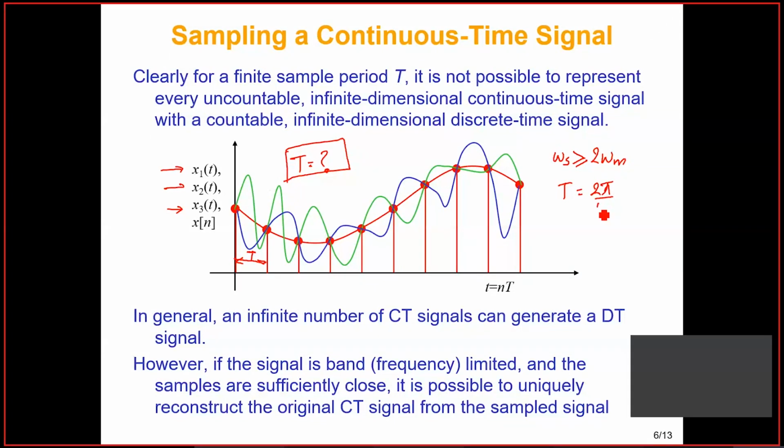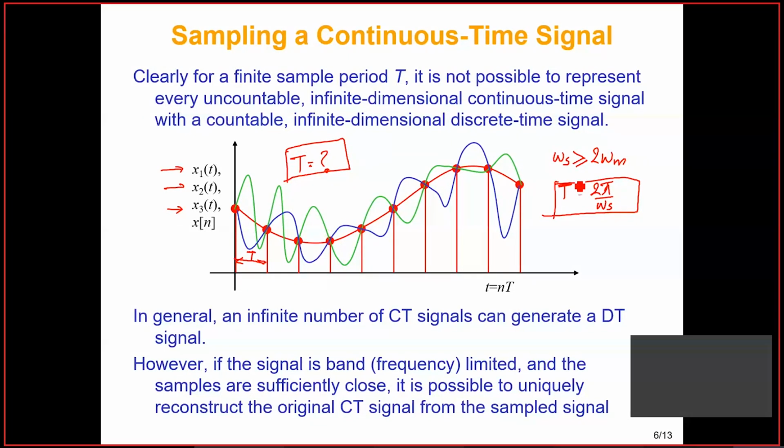Now this is something which we engineers are supposed to know, that whenever we do conversion from continuous time to discrete time, at what rate should we select the samples? What should be the sampling frequency, or how many samples per second should we take? If you're talking about samples per second, that is the frequency in hertz, that is 1 over t.